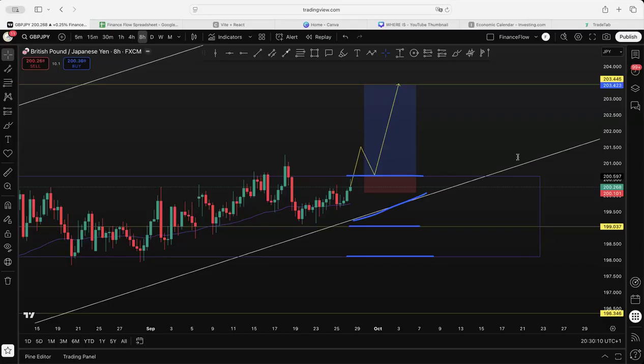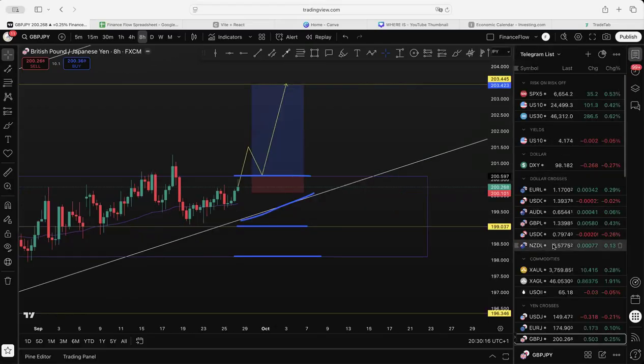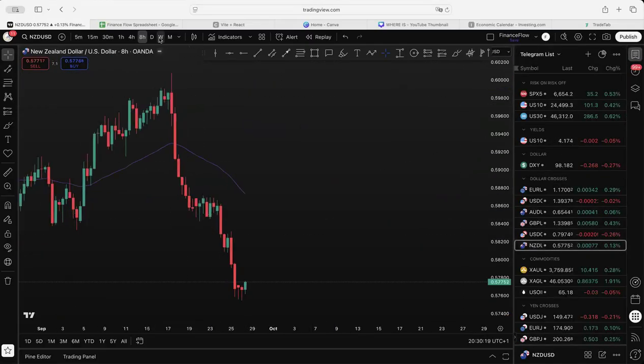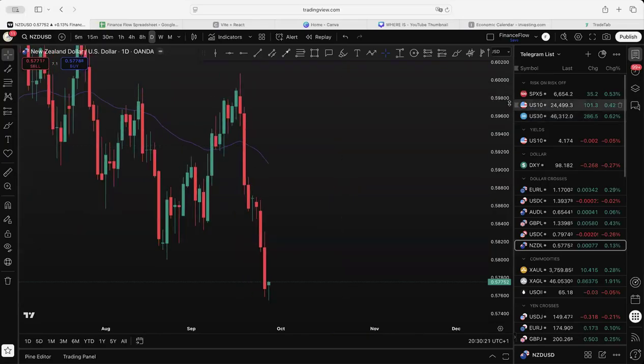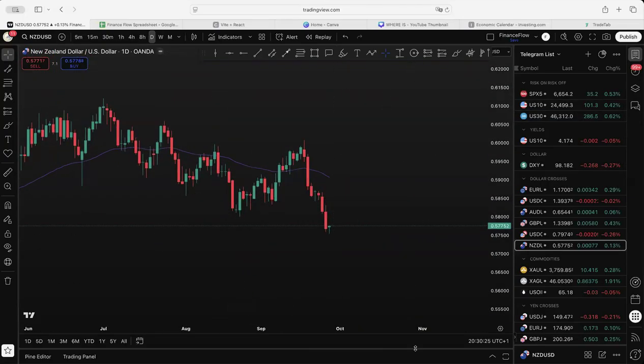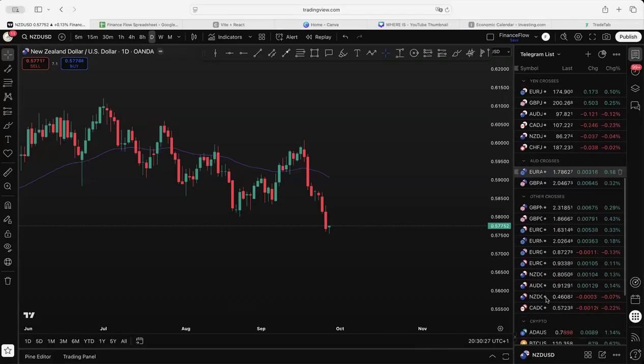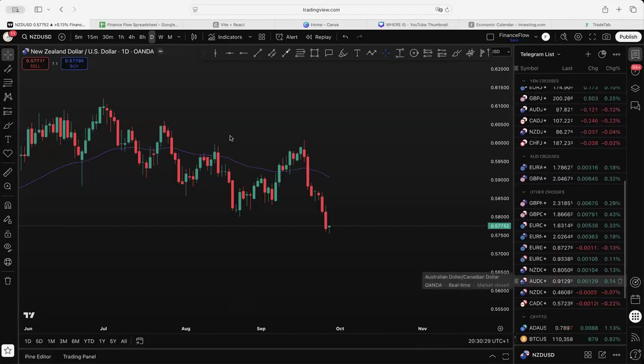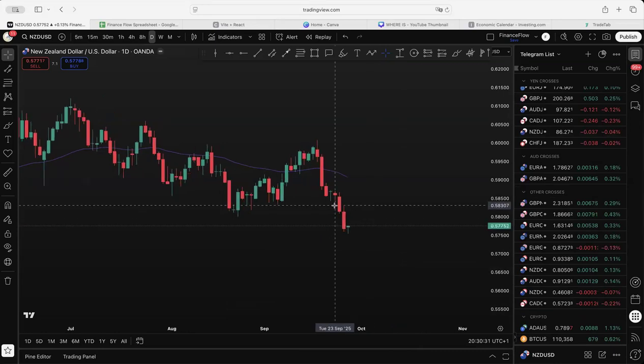Gem: How does NZD USD look to you? Well, let's have a look. One thing I will mention about NZD USD is the daily range, and obviously that's why I don't really trade these pairs down here, because the daily range is a lot smaller.